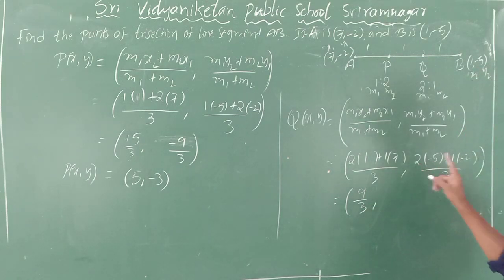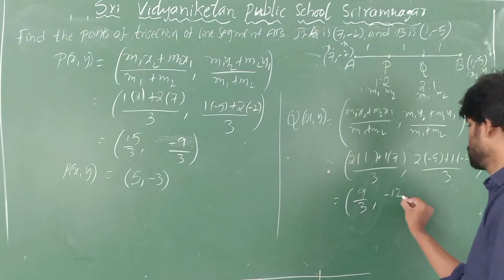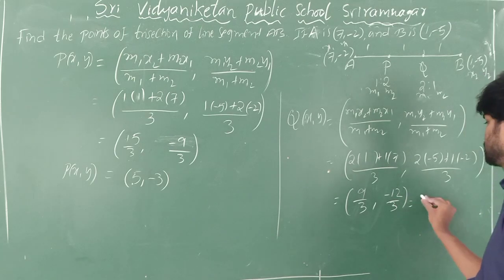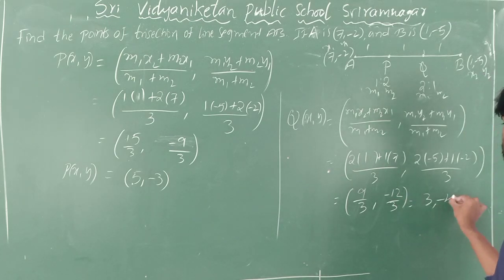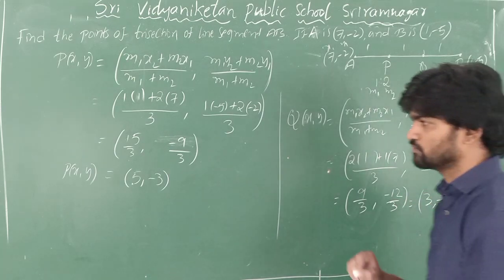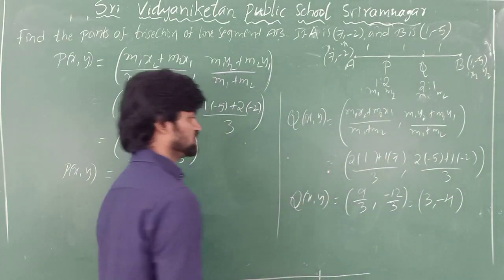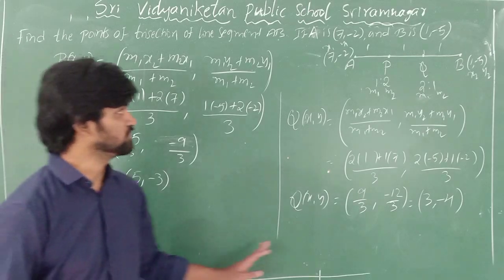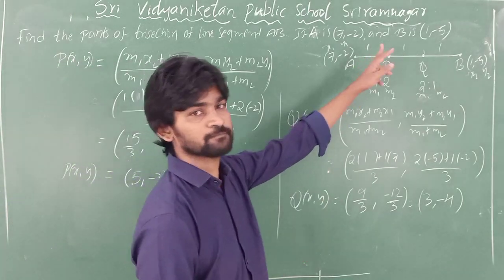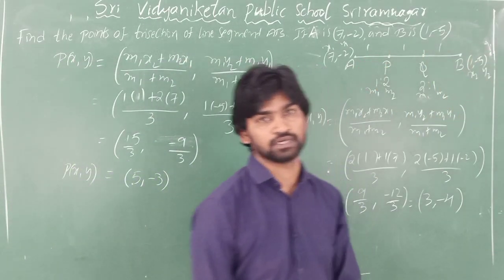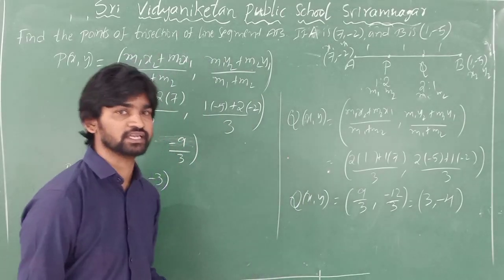Here 10, this is minus 10 minus 2, minus 12 by 3. So we get 3 comma minus 4. This is Q. So these are the points which divide line segment AB in 3 equal parts.